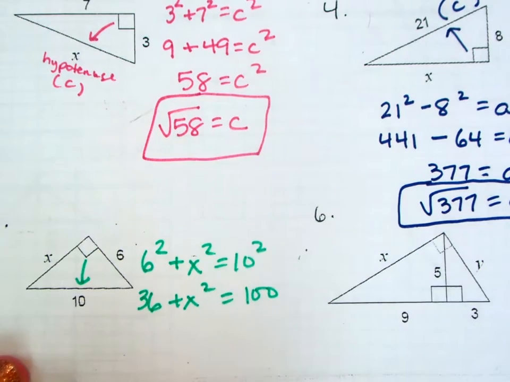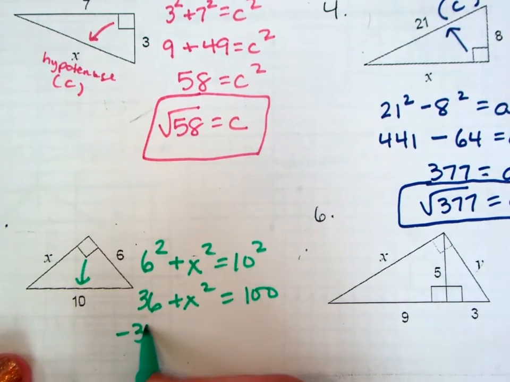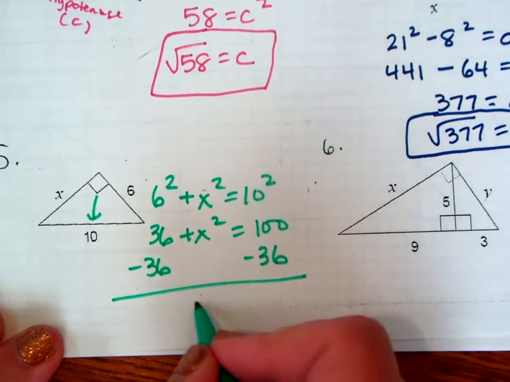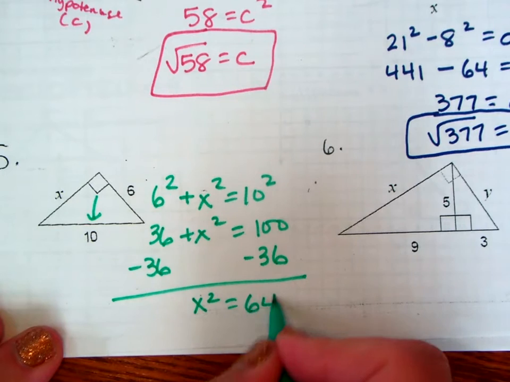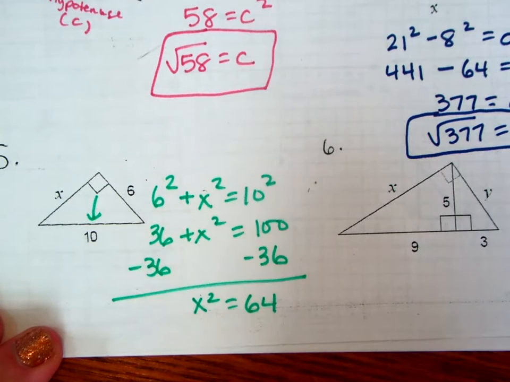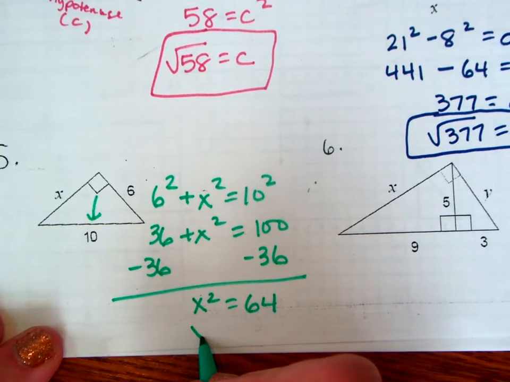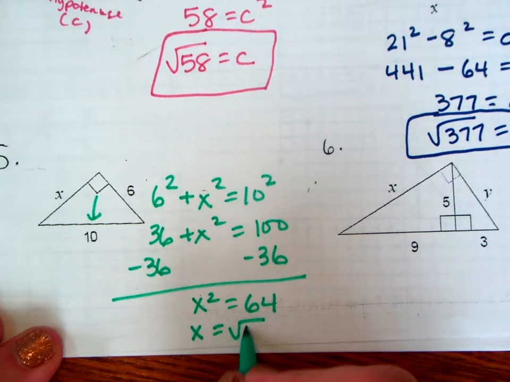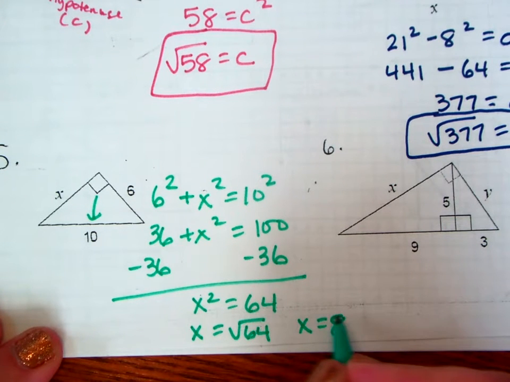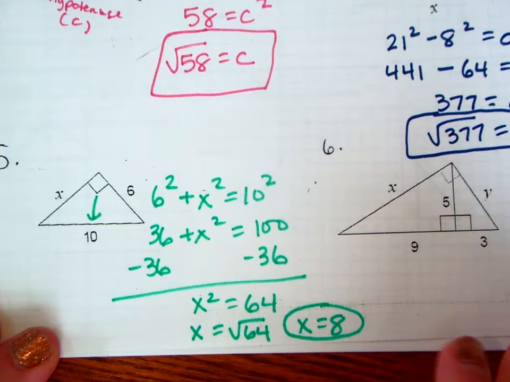And 10 squared is 100. Now then I'll subtract 36 from both sides. And in this case, I get X squared equals 64, because 100 minus 36 is 64. So in this case, X is the square root of 64. But since we know the square root of 64 is 8, let's go ahead and write it as 8.